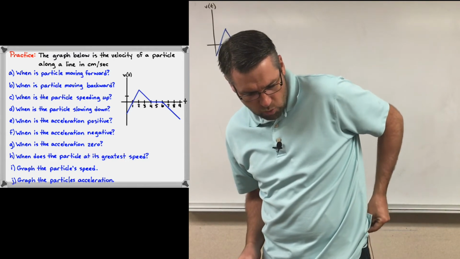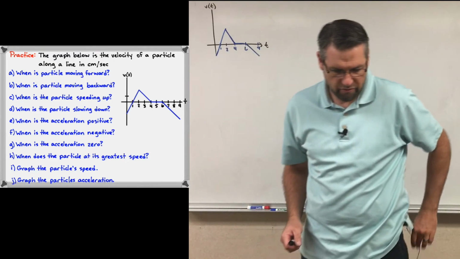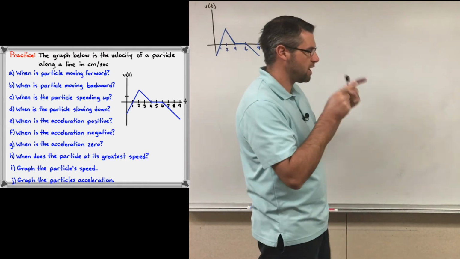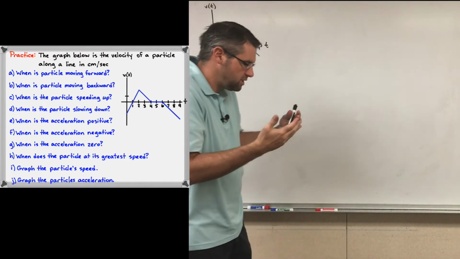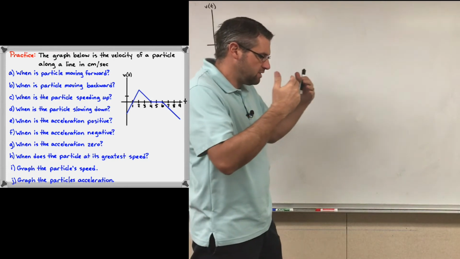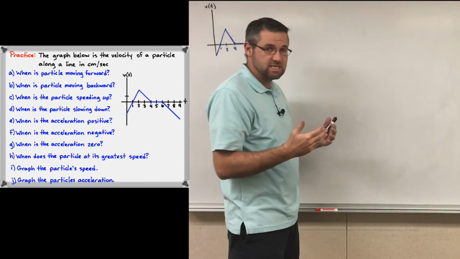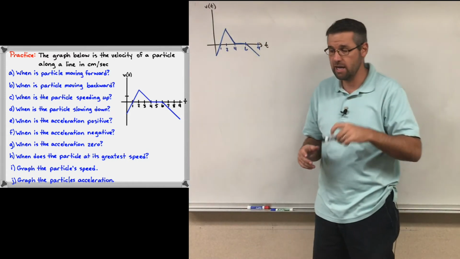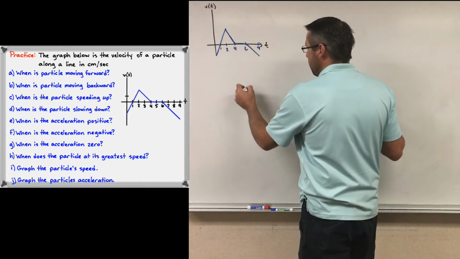The first question, it says, when is the particle moving forward? Well, what does it mean to move forward? It means to move in the positive direction. Well, how do I know when I'm moving in the positive direction? I am moving in the positive direction when my velocity is positive. Now, if I give you the position, how would I know I'm moving forward?